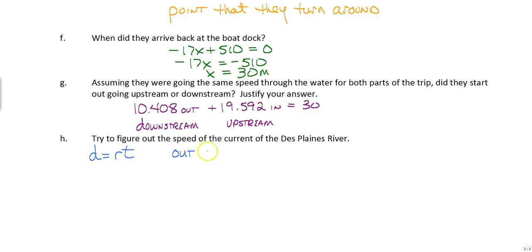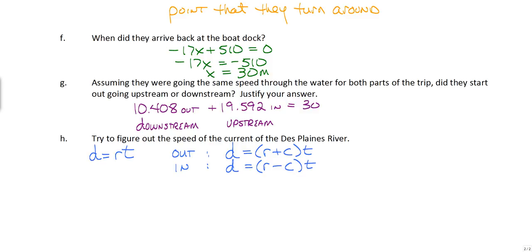On our way out, the distance is equal to the rate that you're paddling plus the current speed times time. On the way back in, your distance is equal to the rate that you're paddling minus the speed of the current, because you're now working against it, times time.